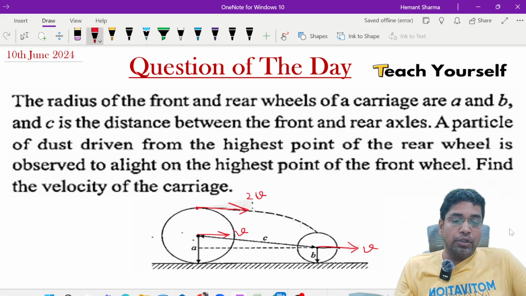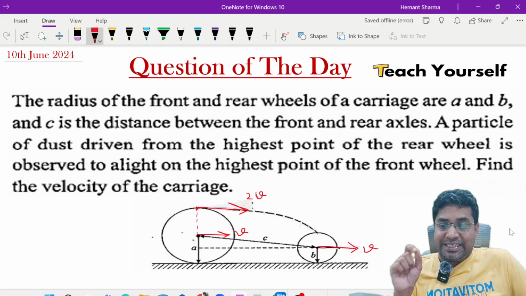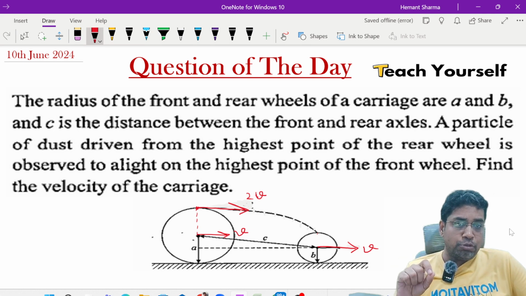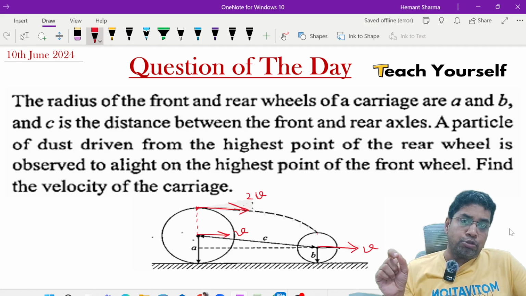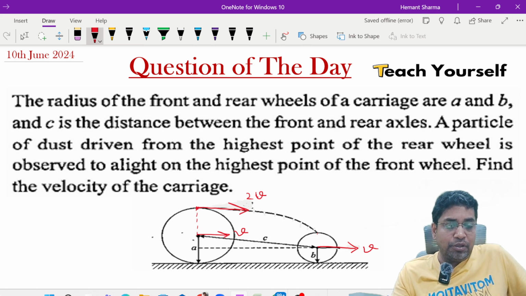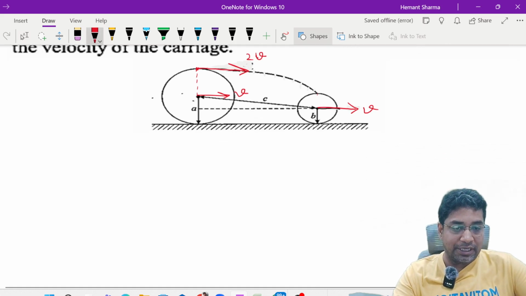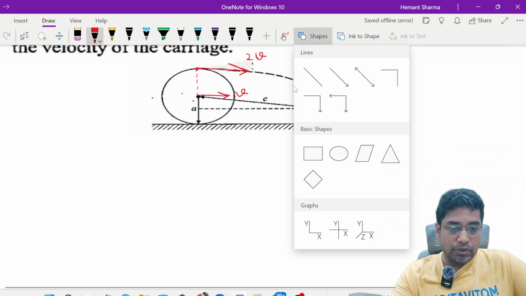So, this particular particle, that is the dust particle, which is getting detached from the topmost point of the rear wheel, is landing on the topmost point of the front wheel. So, in this particular question, it is like a horizontal projectile.